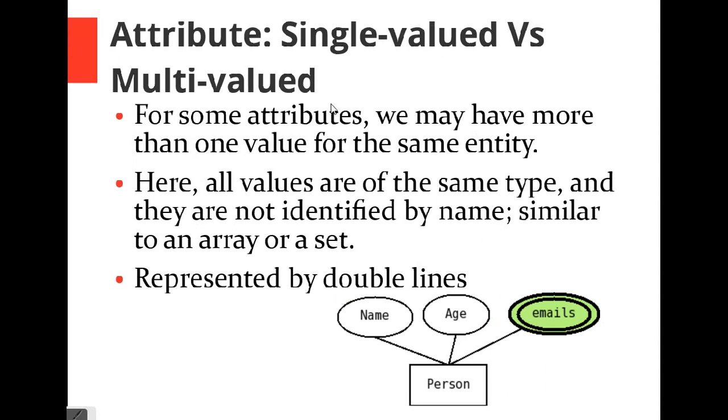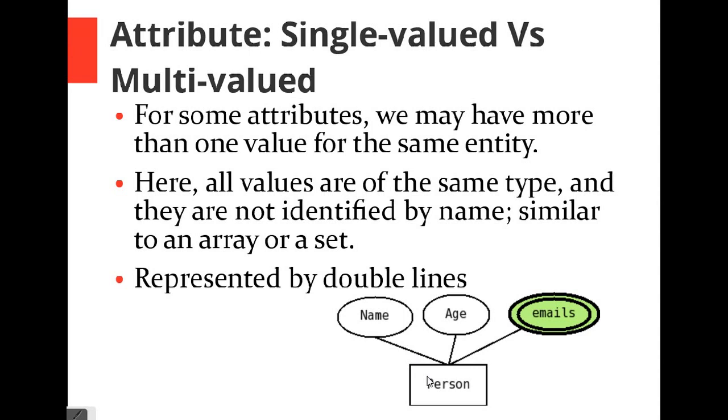Now for the single value or the multi-value attribute, there can be certain kinds of attributes that have many values for a particular record. So for example, in a person entity, we can have a person having many emails. You can have different emails, but you have one age, you have one name. So the name is a single value attribute because you can only have one record for that one person.